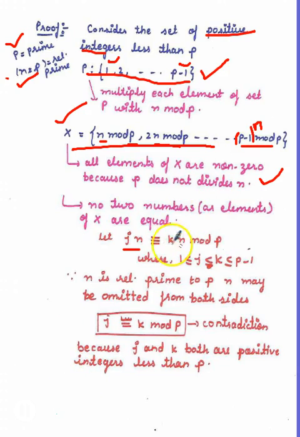If we omit the n from both sides, then J will be congruent to K mod p, which is a contradiction, because J mod p cannot be equal to K mod p. We have taken different elements less than p.